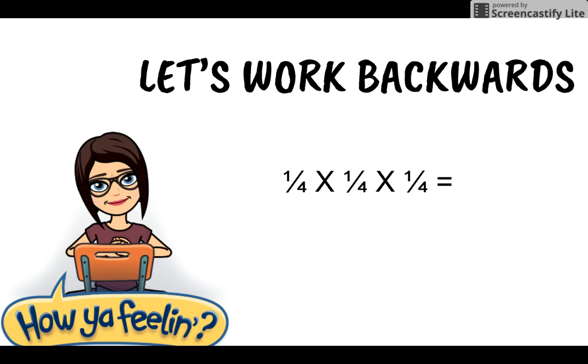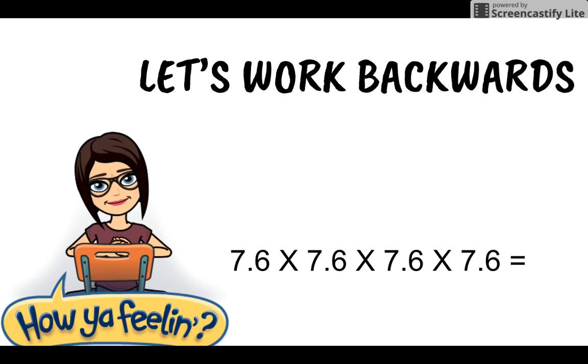This equals 1/4 cubed, or 1/4 to the third power. Seven and 6/10 times 7 and 6/10 times 7 and 6/10 times 7 and 6/10 equals 7 and 6/10 to the fourth power.